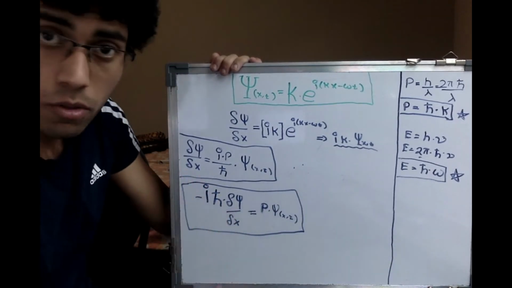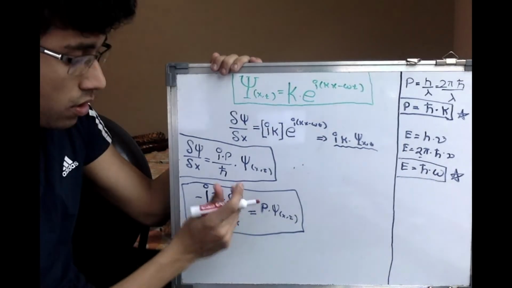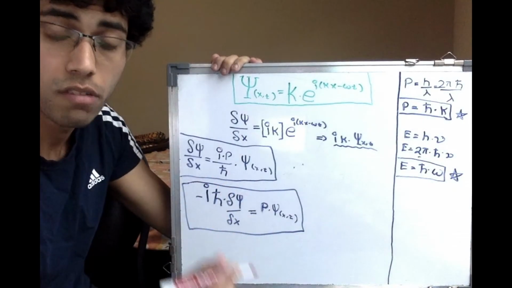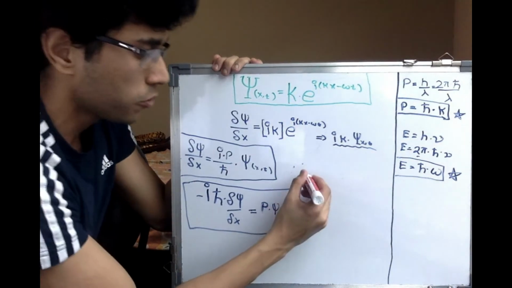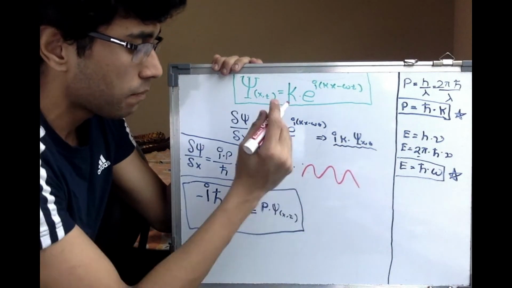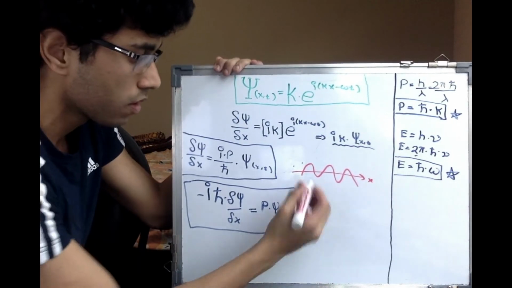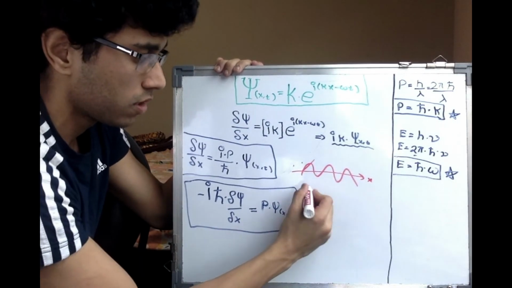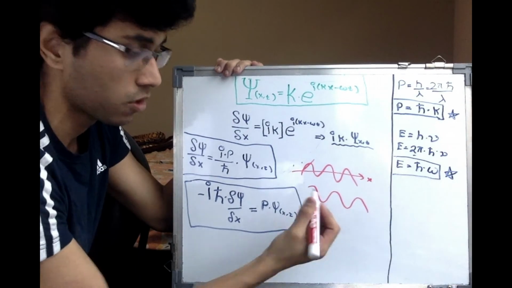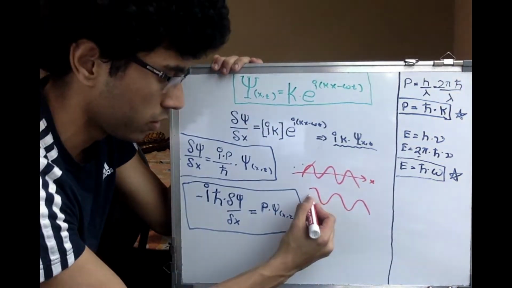Remember, what I'm doing is taking the partial derivative of psi with respect to x. Let's say a sine function gives me a cosine function, for example. Well, you know the point.